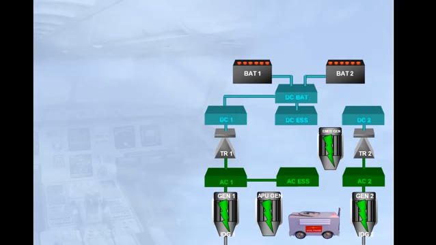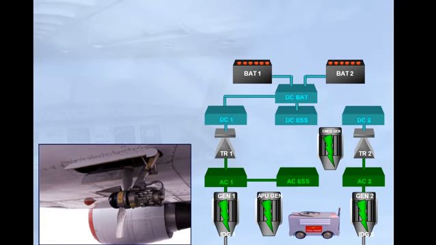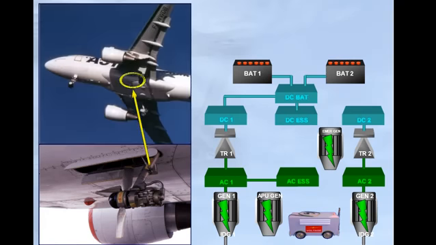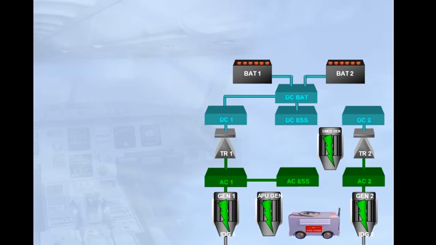The hydraulic power to drive the emergency generator is provided by a ram air turbine, RAT, located in the belly fairing, which extends in case of severe electrical or hydraulic failures. The electrical system is also fitted with an essential transformer rectifier, essential TR.